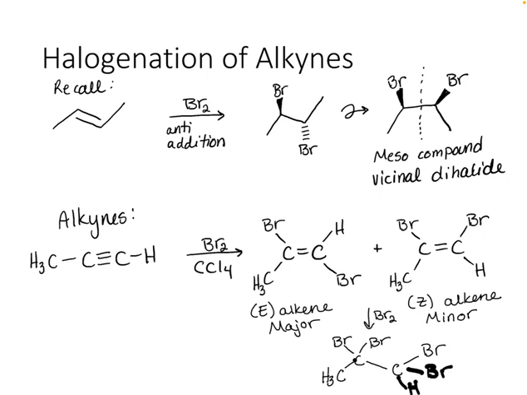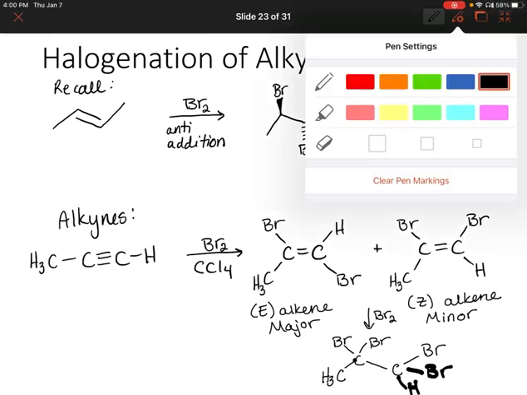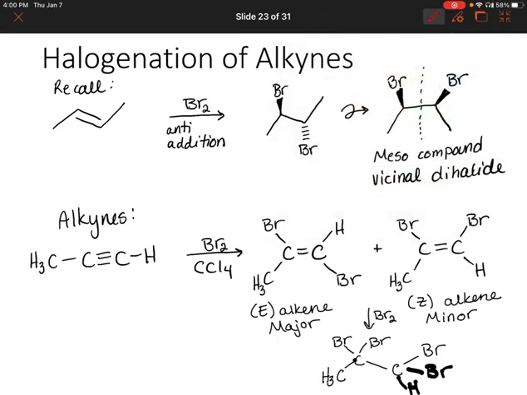Okay, so what we have here is a tetrahalide. So we have 4 halogens bonded to this molecule. Now, we don't have to worry about stereochemistry here because we don't have any stereocenters.